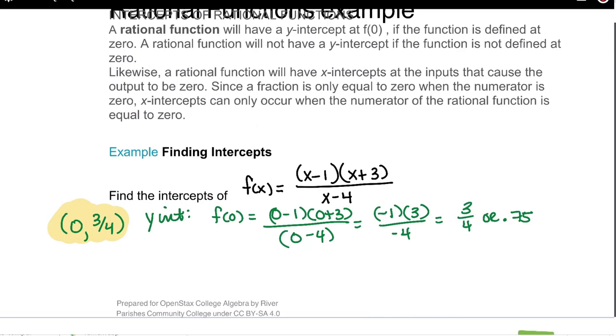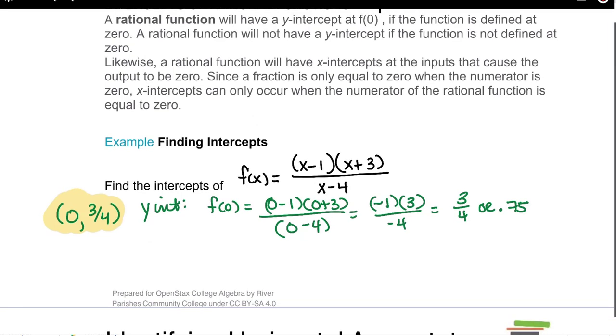Alright, now to find the x-intercepts, you take the numerator and you set that equal to 0. So for the x-intercepts, you set x minus 1 times x plus 3 equal to 0 and you solve. So we set x minus 1 equal to 0, x plus 3 equal to 0.